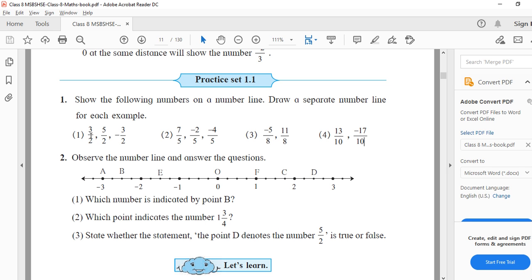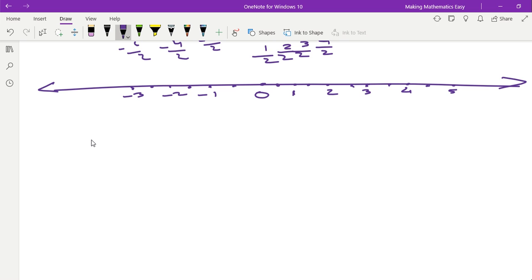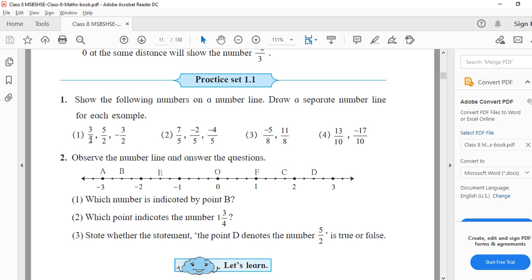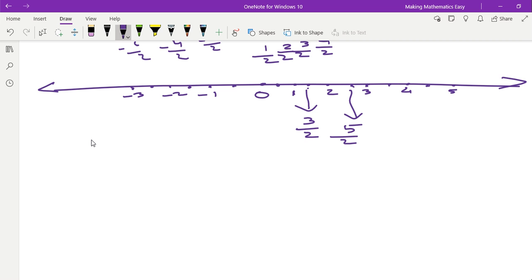Now we have to see which number we need to show on the number line. We need to show 3 upon 2. This is 1 upon 2, this is 2 upon 2, this is 3 upon 2. So over here you need to mention this point is 3 upon 2. Next is 5 upon 2. This is 4 upon 2, so this will be your number 5 upon 2. Now let's move on to -3 upon 2.